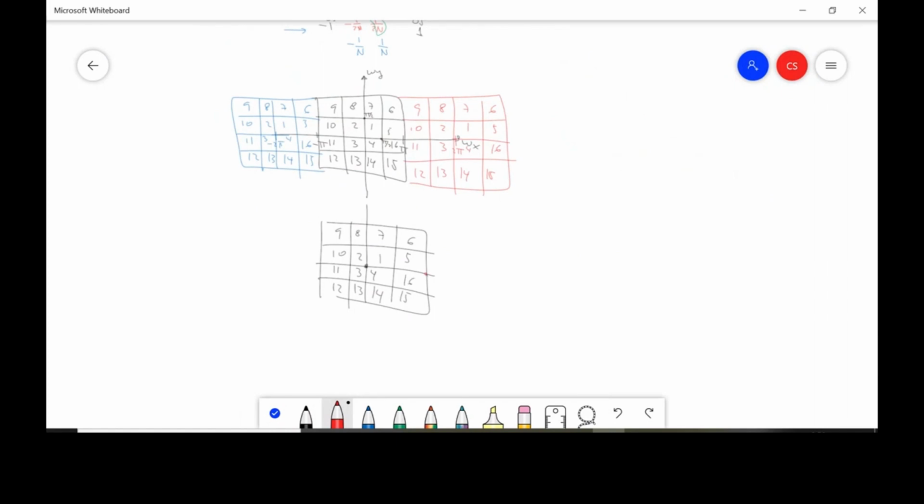So it is starting there, and now it goes here. So let's now write the red one. So it is 1, 2, 3, 4, 5, 6, 7, 8.